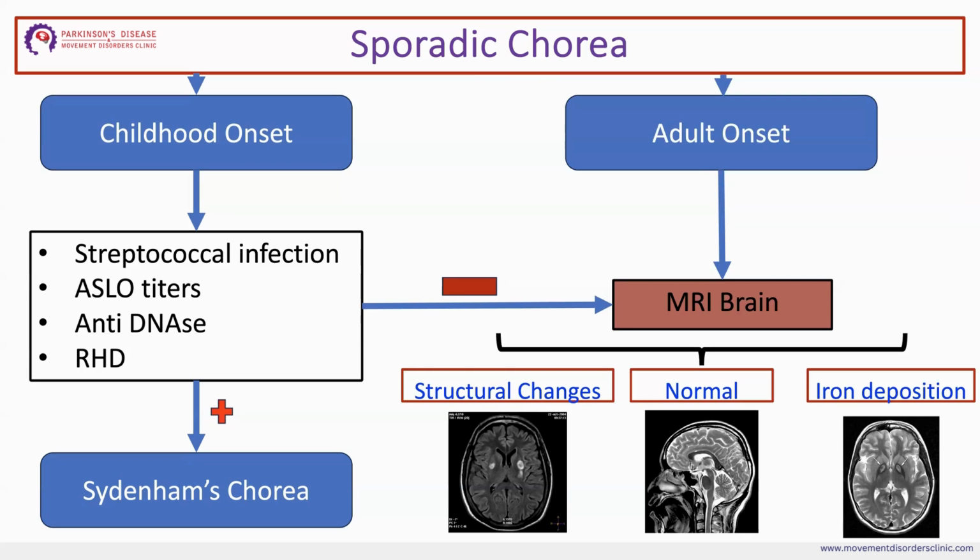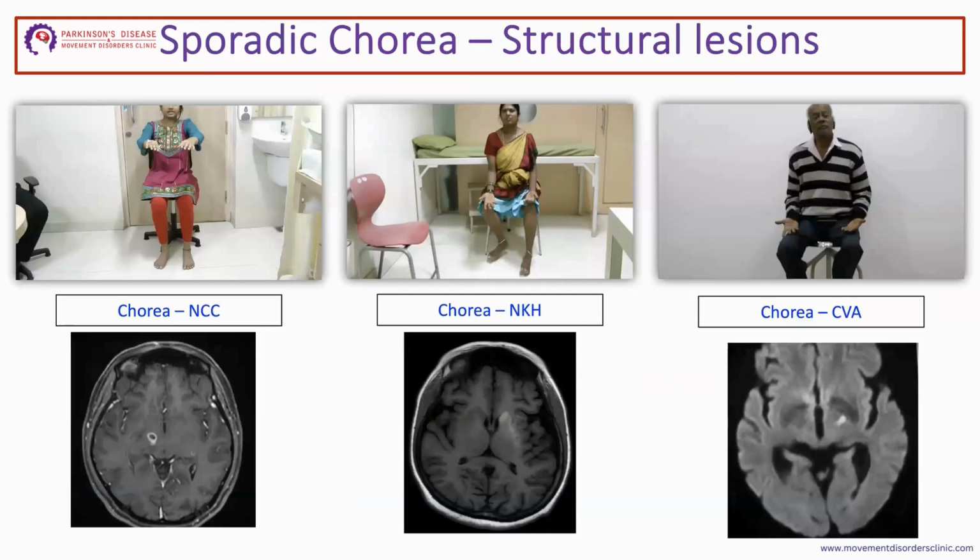In that case also, based upon the history, imaging would be the primary investigation of choice. When you get an MRI done, there are three probabilities. One, there may be structural changes. The MRI can be normal, or there may be an abnormal mineralization pattern. So these things give us what we are looking for.